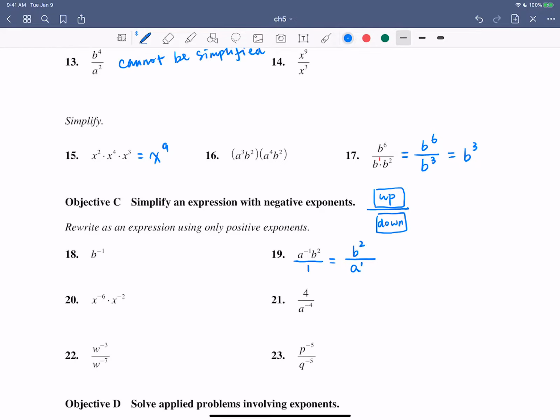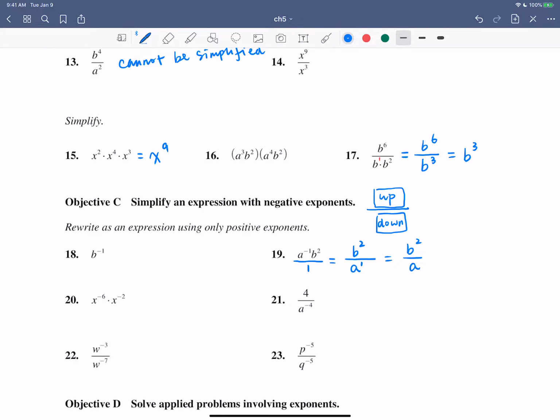Downstairs, there was no one there, so we put a 1 there, but since we moved a to the first downstairs, a to the first times 1 is still a to the first, so you don't need to put that 1 there anymore. If we rewrite this expression, it simplifies to b squared over a, because for an exponent raised to the first power, we don't need to write it out.